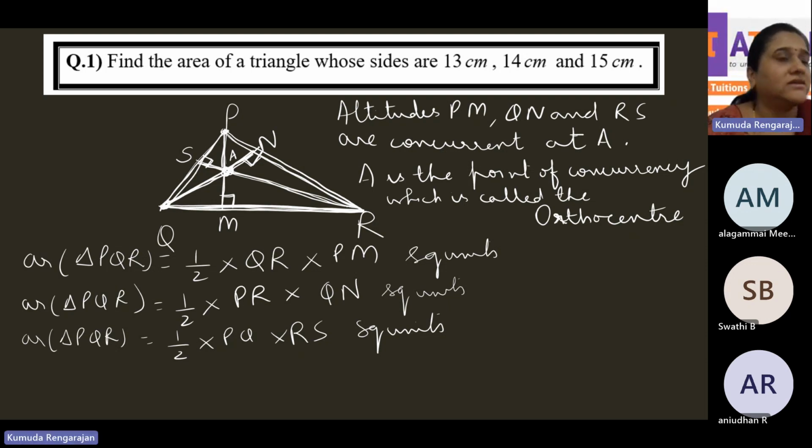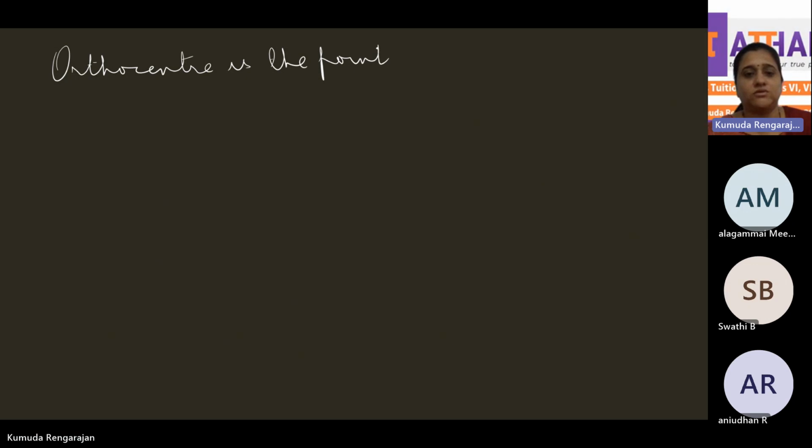The altitudes are concurrent, and this point is called the orthocenter. So the orthocenter is the point of concurrency of the three altitudes in a triangle. What is the orthocenter? Tell me. The orthocenter is the point of concurrency.